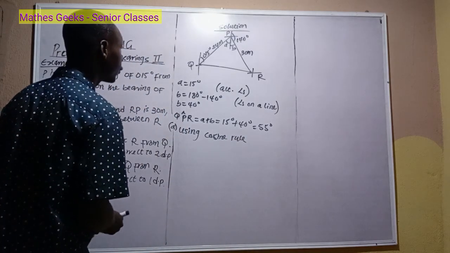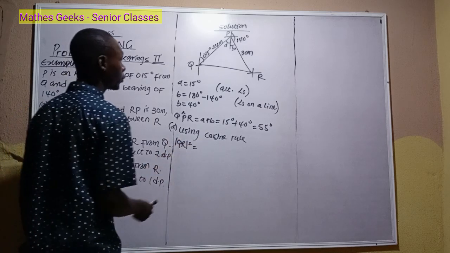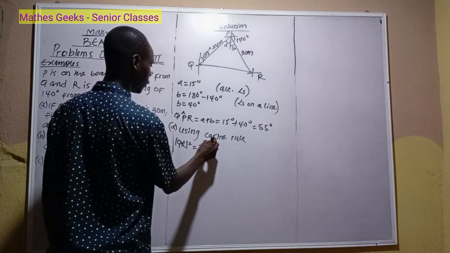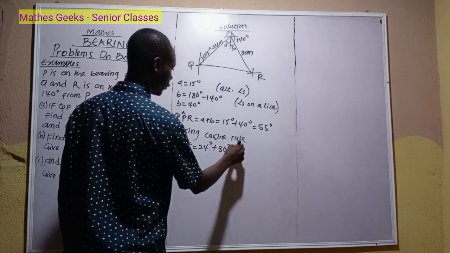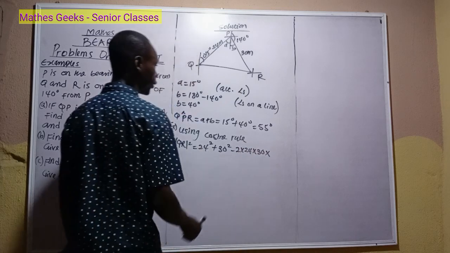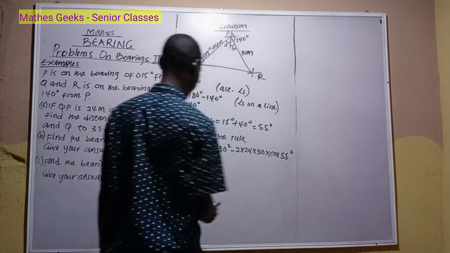Using the cosine rule, QR squared is equal to 24 squared plus 30 squared minus 2 times 24 times 30 times cos 55 degrees.